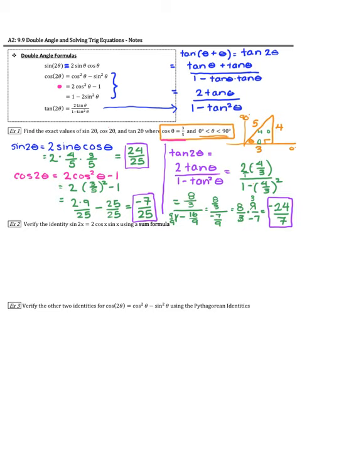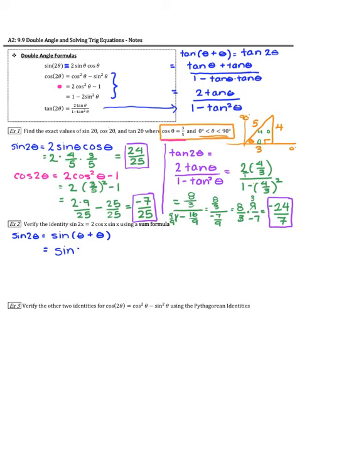All right, verify. So now what we're going to do is derive our sine 2 theta like we did with tangent. So we know that sine 2 theta equals sine of theta plus theta, because that equals 2 theta. And now we'll expand that.